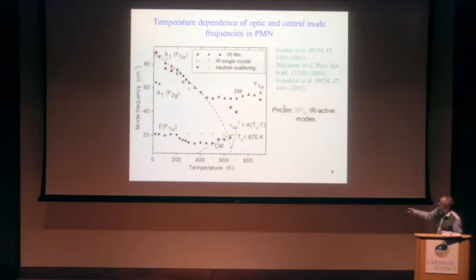But we saw another component at lower frequencies, which at that time we called the central mode or second component of the soft mode. But it is seen only up to Burns temperature. So we explained it at that time as well, that we have polar clusters and symmetry is broken below Burns temperature.